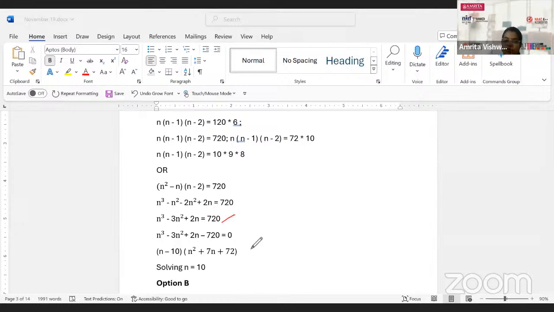Now we can solve this as an equation: n cube minus 3n square plus 2n minus 720 equal to 0. Still, you can separate this as (n minus 10) into (n square plus 7n plus 72). So here also you'll get n equal to 10. You need to find the value of n in this question. With whichever method is comfortable for you, you can find the value of n.